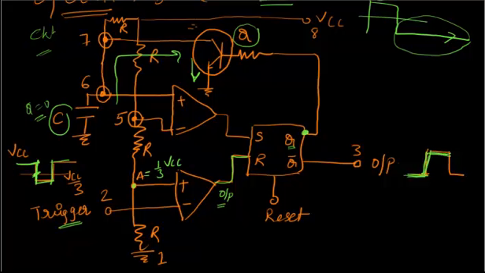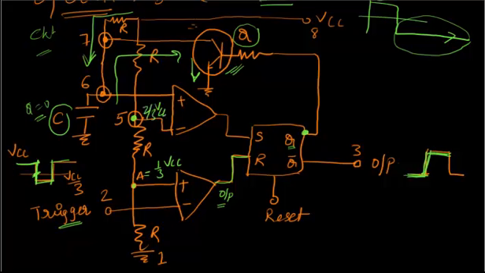Now since this is becoming 0, this transistor will be cut off. Okay, and when this is cut off, this discharging action stops, and now the capacitor starts charging through the VCC. Now this capacitor charges up to 2/3 VCC.